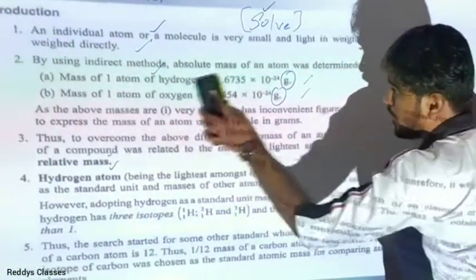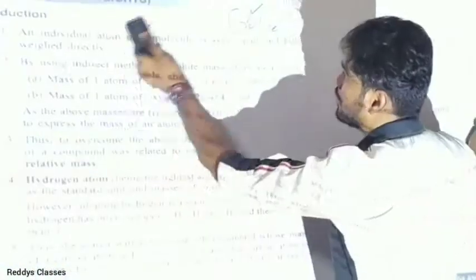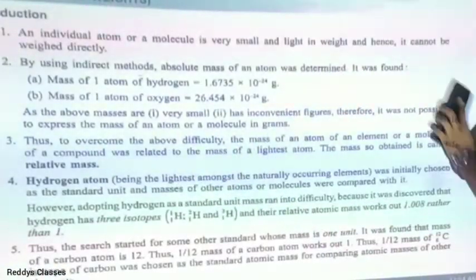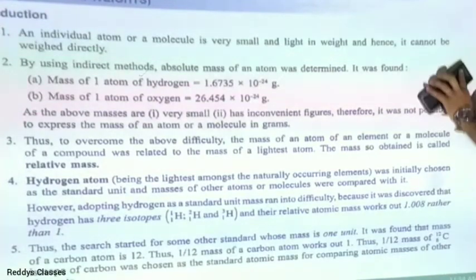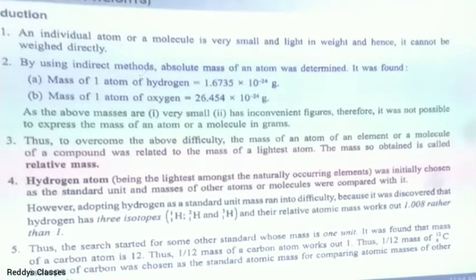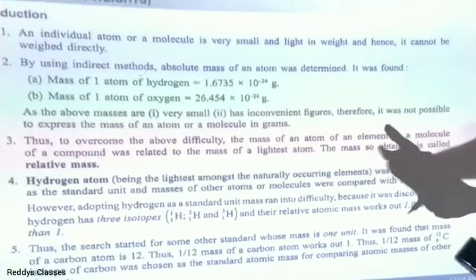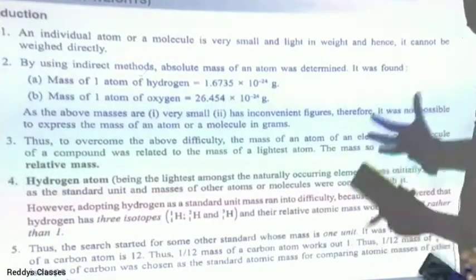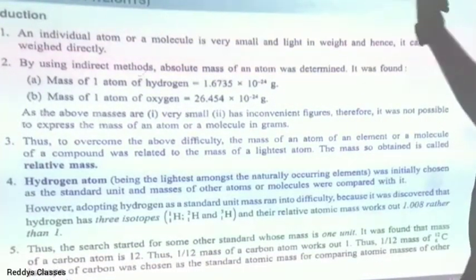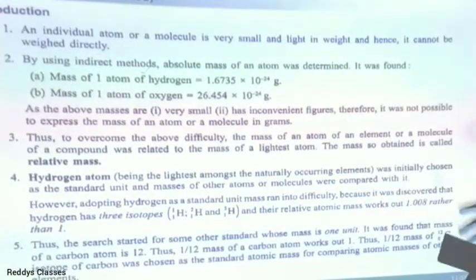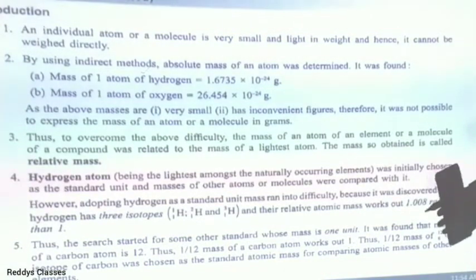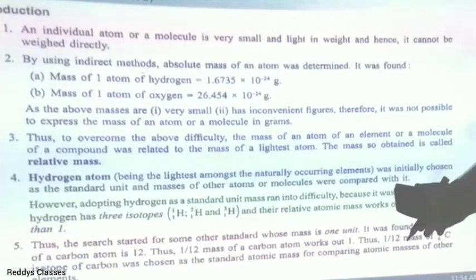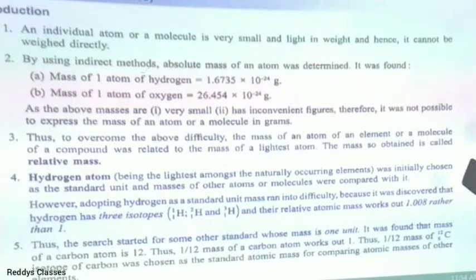So if I talk about the isotopes of hydrogen, hydrogen has 3 isotopes having the same atomic number but different mass number. So the hydrogen atom being the lightest among the naturally occurring elements, जितने भी नेचर में एलिमेंट्स आए हैं उनमें से सबसे वेट में जो कम है वो है हमारा हाइड्रोजन एटम, was initially chosen as the standard unit and the mass of other atoms or molecules were compared with it.